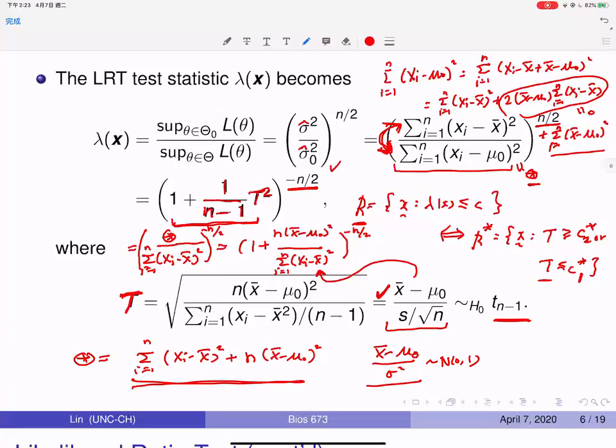So I also know that s squared equals 1 over n minus 1 summation i from 1 to n, then xi minus x bar squared, right? I also know that n minus 1 times s squared divided by sigma squared follows, in the denominator, if you still remember, chi squared n minus 1.